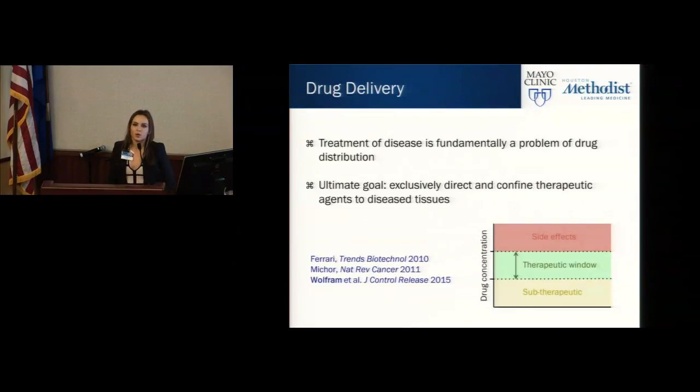And we know that all drugs have this therapeutic window, which is a range of drug concentrations. And if you go below it, you don't see any therapeutic activity. And if you go above it, you get side effects. But if we could find a way to specifically direct drugs to diseased tissue, then we could expand this therapeutic window and eliminate the upper threshold.